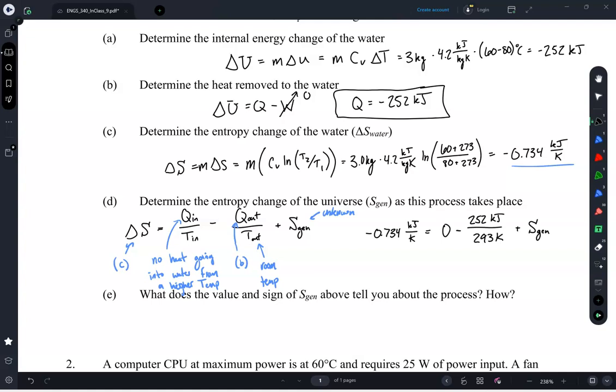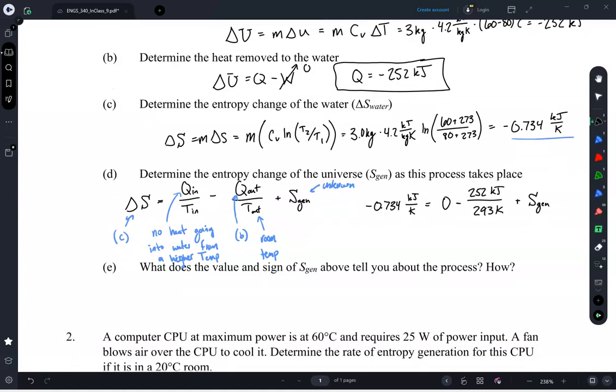But typically for this, we're just kind of saying what's the magnitude of heat that's leaving the system. So that's why we give 252 kilojoules leaving. All right, if we go through and do the algebra, we can find S_gen equals 0.125 kilojoules per Kelvin. That's how much entropy we've generated.